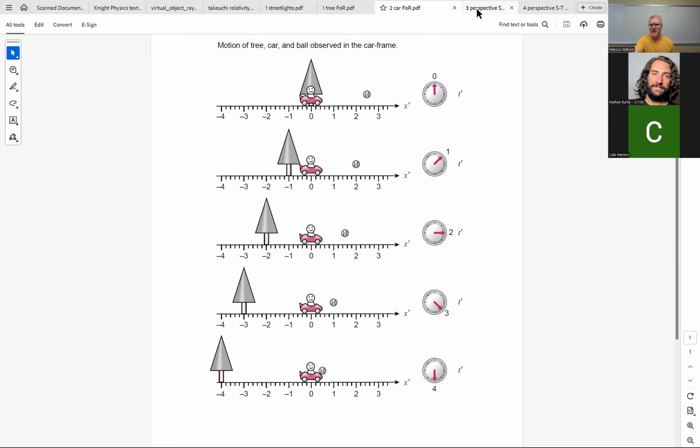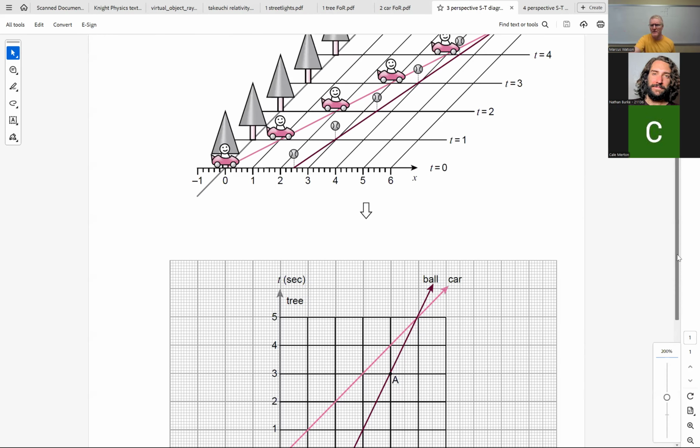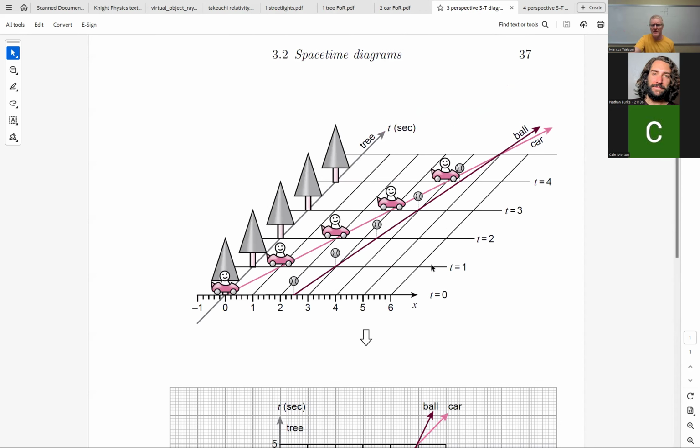All right, so if we look at these from a perspective standpoint, I'm going to zoom in again on this and go down a bit. All right, now back to the tree frame. This type of diagram is going to be super helpful in interpreting what is going on in a relativistic sense.